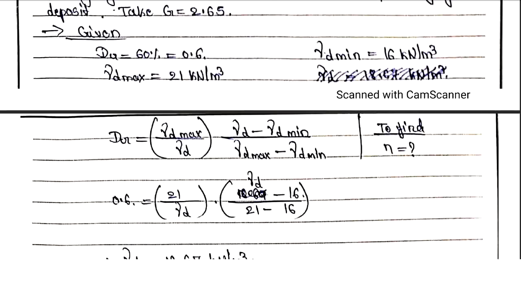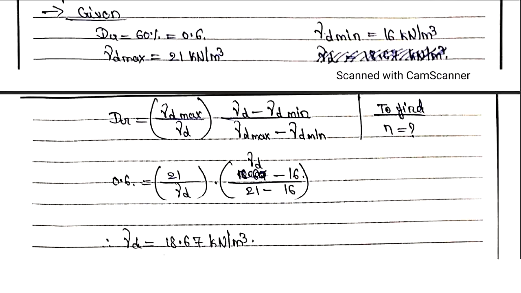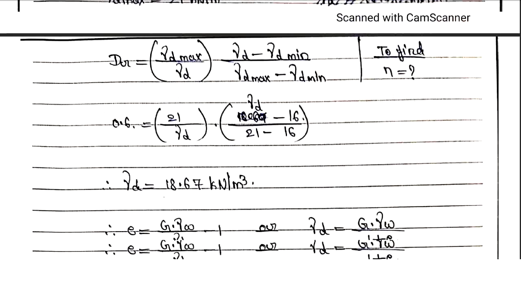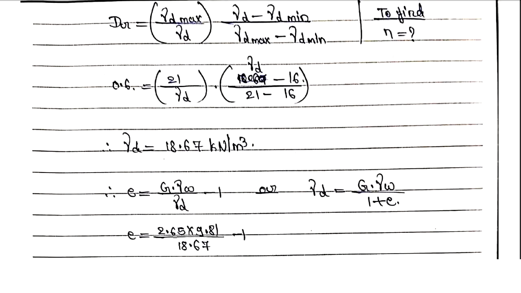They have already given the maximum and minimum dry unit weight, so we directly substitute. From this equation I got the in-situ dry density, that is 18.67 kilonewton per meter cube.